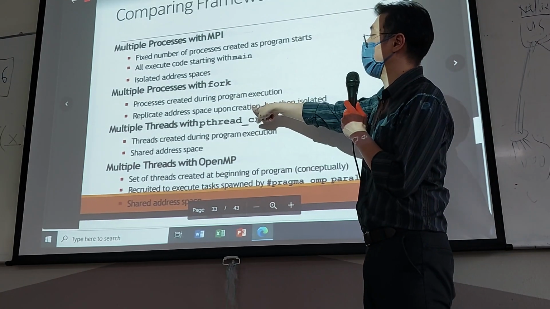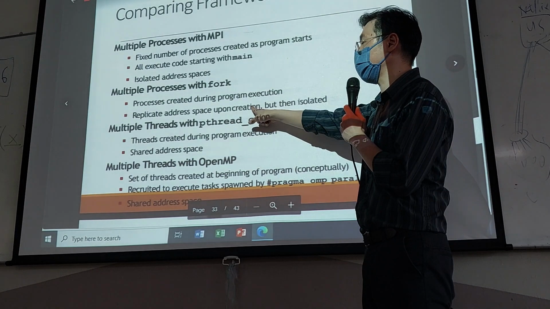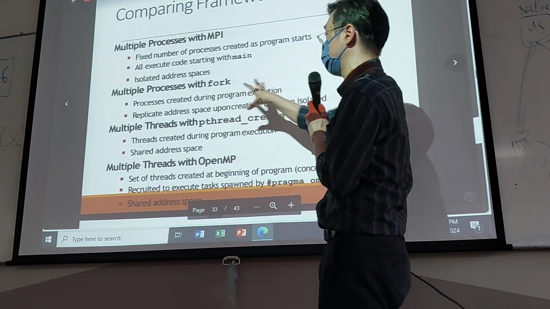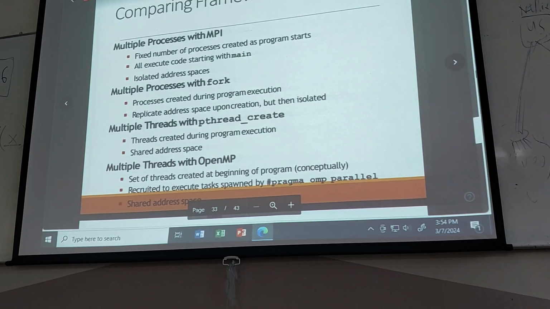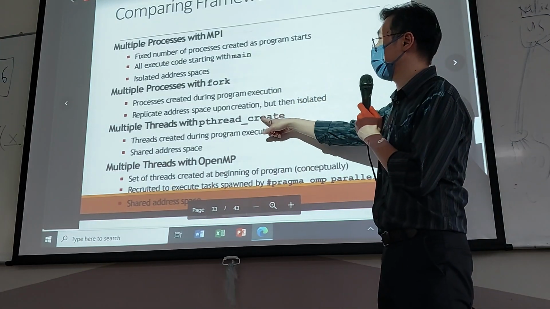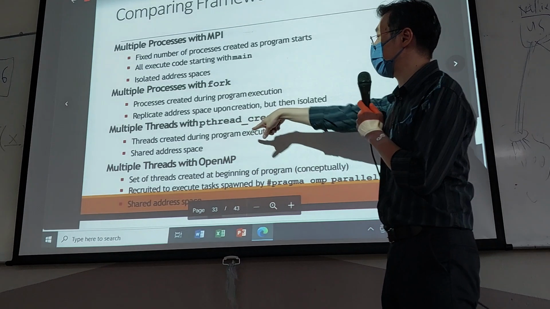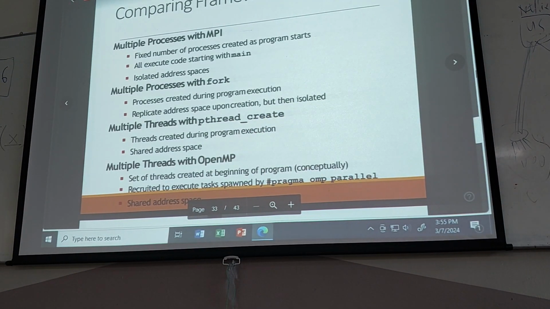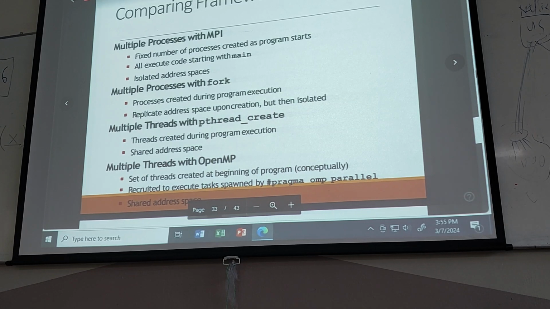This one can be on the same computer or on a different computer. If it is on the same computer, the memory is not shared. Okay? If you want to share the memory, you have to create pthreads inside the processor. But the threads can only see within the processor. You cannot see any data or memory in another processor.